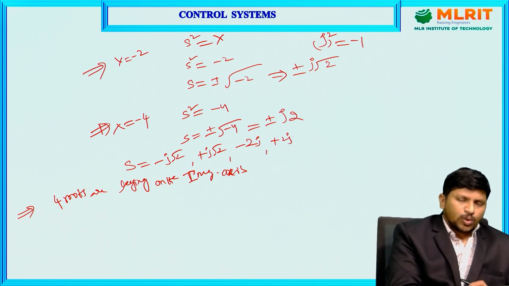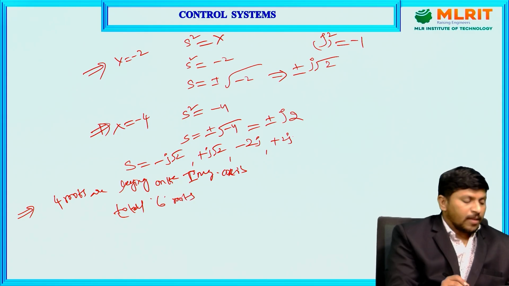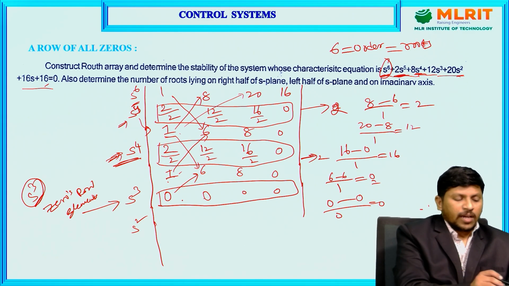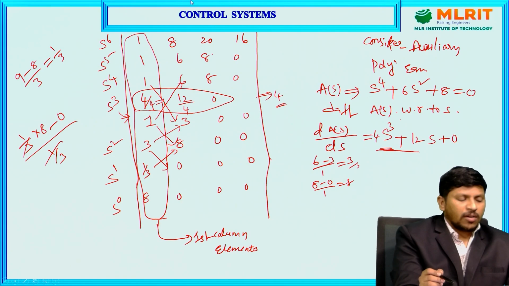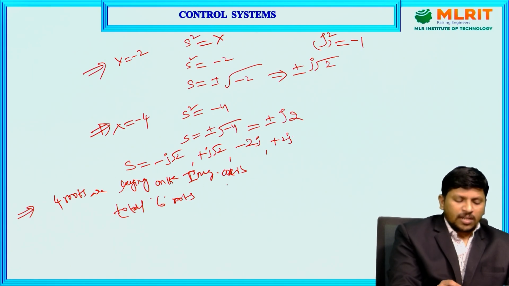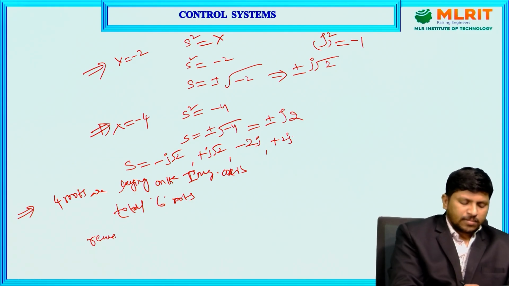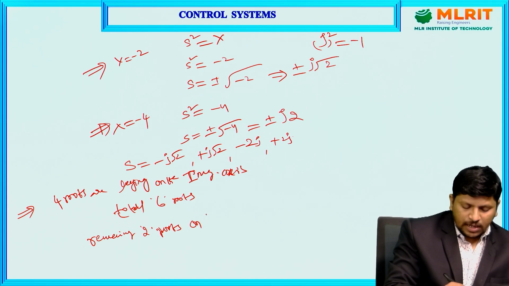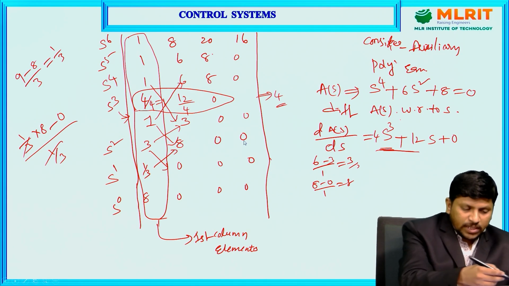Total how many roots? Total 6 roots. The maximum power is 6, so we have 6 roots. From that, 4 roots are on the imaginary axis. Of the 6 total roots, the remaining two roots are on the left of the s plane, because there is no sign change in the first column.